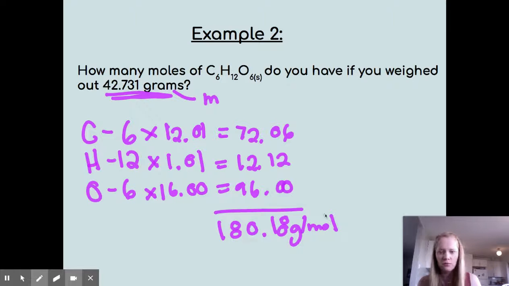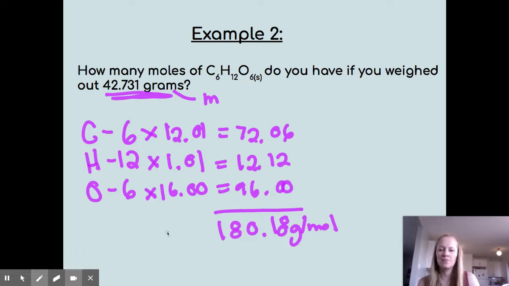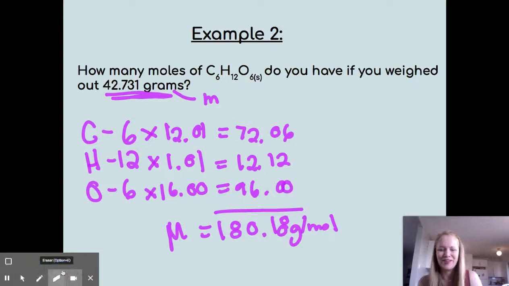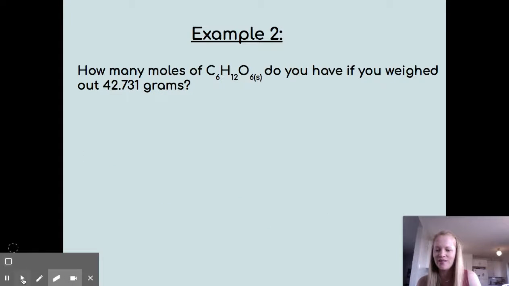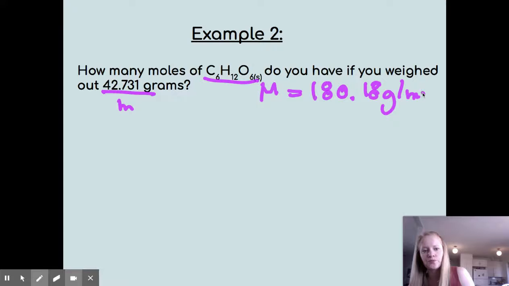So now I know, okay, little m, this is big M. So for my own sake, I am going to erase my screen so you're not looking at craziness here. All right, so I know little m, this big M, I'm just going to rewrite the number so I have access to it, is 180.18 grams per mole.